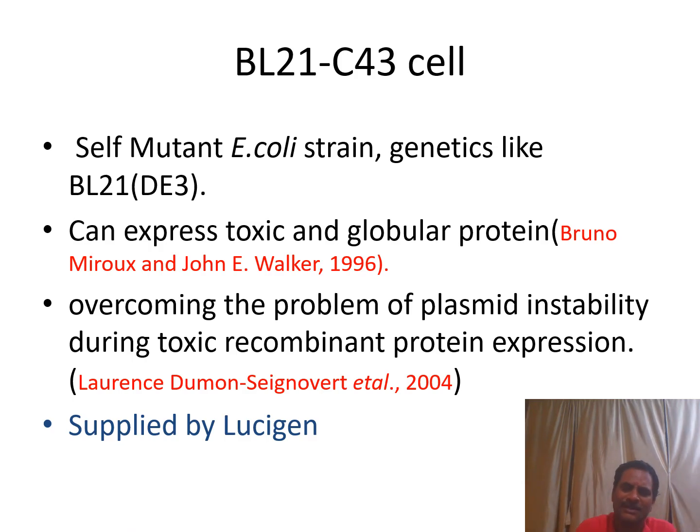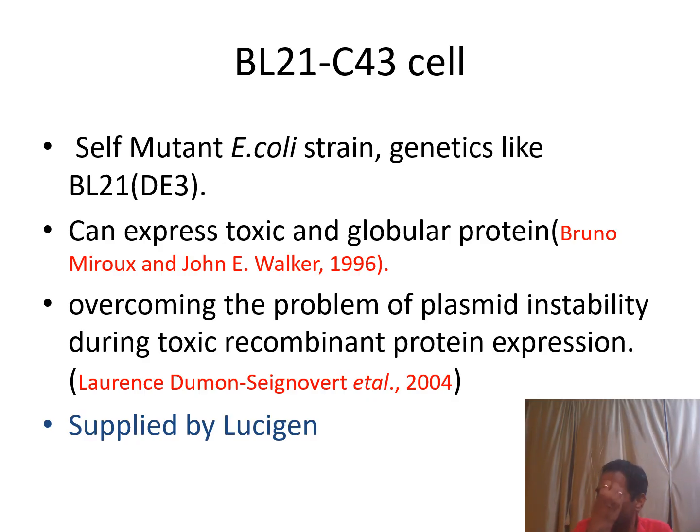So the plasmid will be expelled out, and the cell will die if you grow it in the presence of antibiotic, because the plasmid, which has the antibiotic resistance gene, is not existing. So due to absence of the antibiotic resistance gene, that transformed cell will not grow. So usually they tried to perform that experiment.